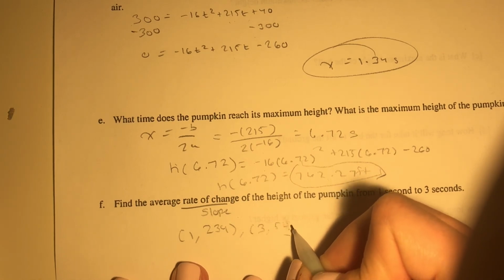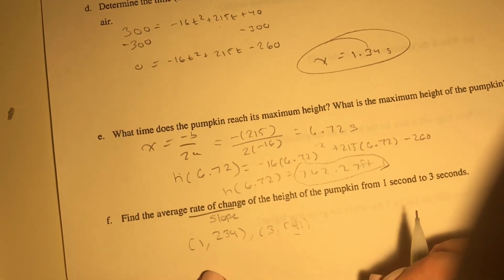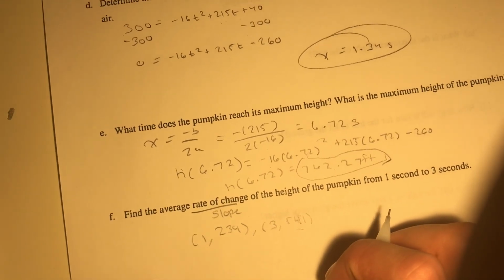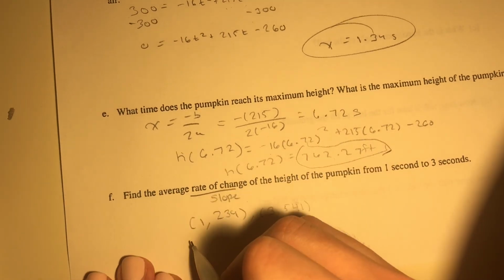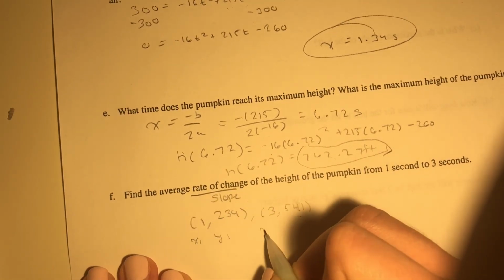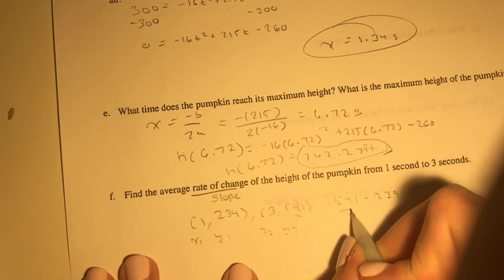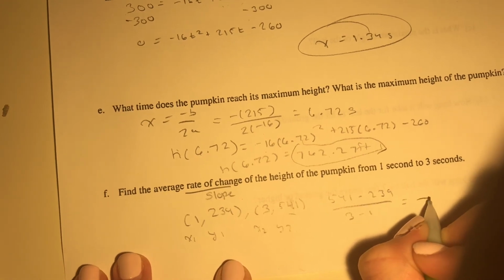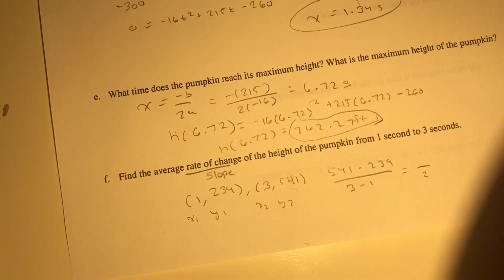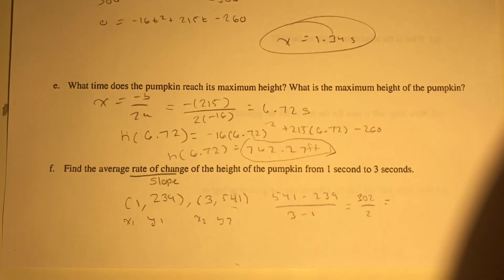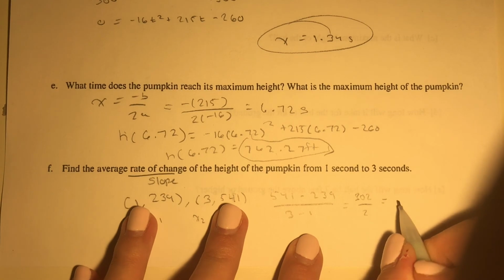Three, which is 541. And our equation is y2 minus y1 over x2 minus x1. That's going to give us our slope. I'm going to label x1, y1, x2, y2. 541 minus 239 over 3 minus 1. 541 minus 239 is 302. 302 divided by 2, you get 151.